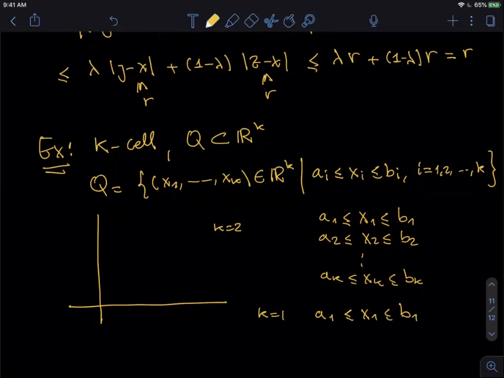But if we have k equal 2, in that case, what we are saying is that this would be my x1 that is in between a1 and b1, and then I have x2 that is in between a2 and b2. Okay.